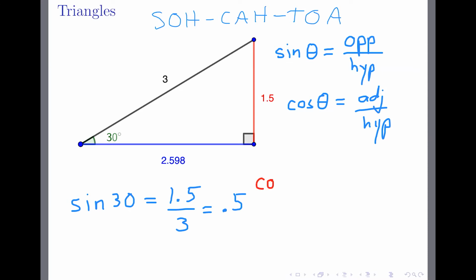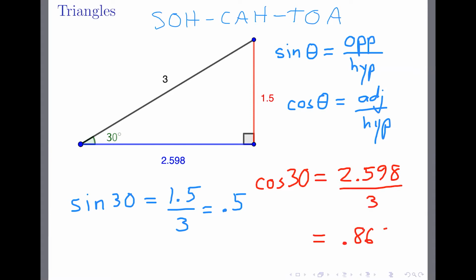Well, the cosine of 30 is the length of the adjacent side divided by the length of the hypotenuse. So 2.598 divided by 3, and that simplifies to be about 0.866. So the cosine of 30 is 0.866, and the sine of 30 is about 0.5.